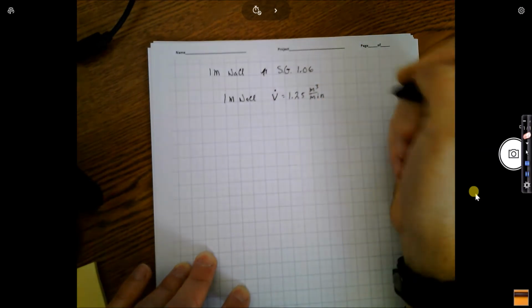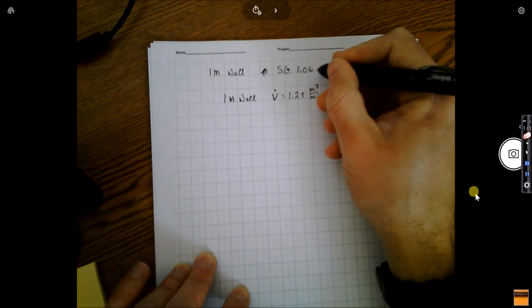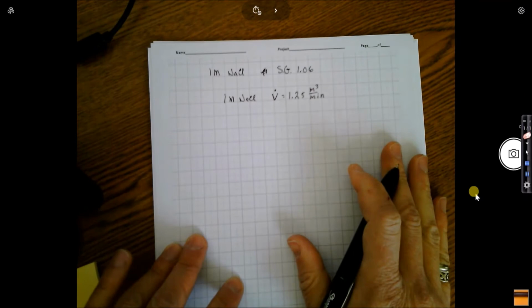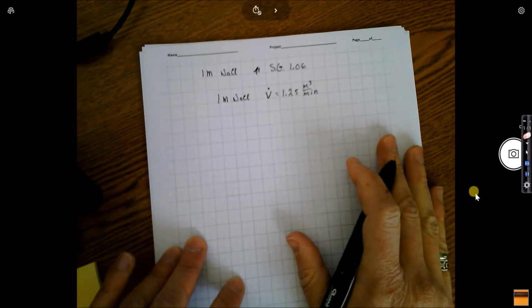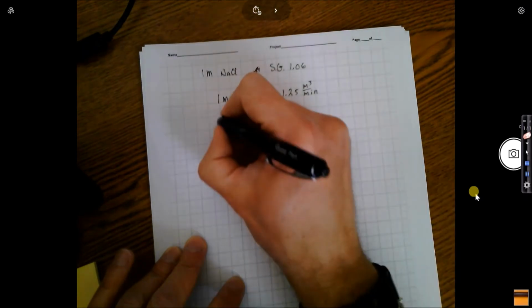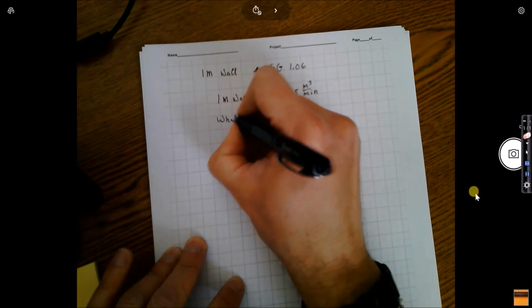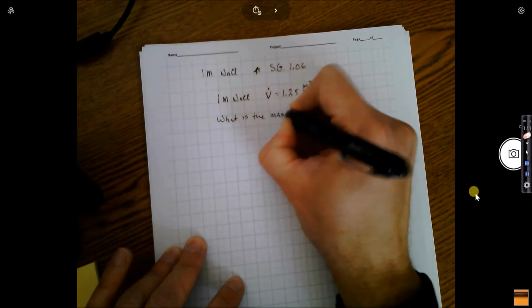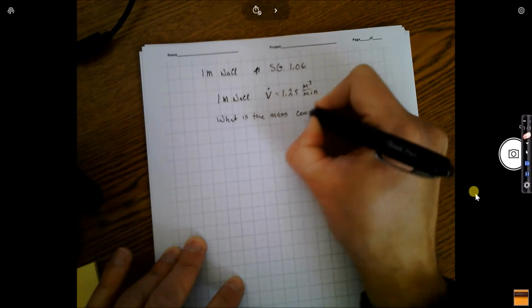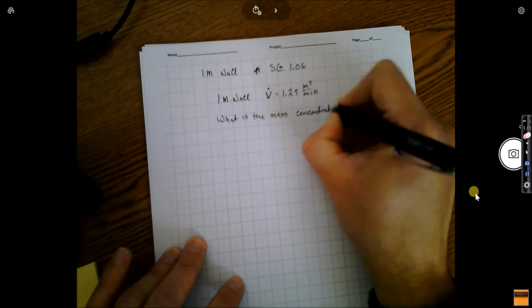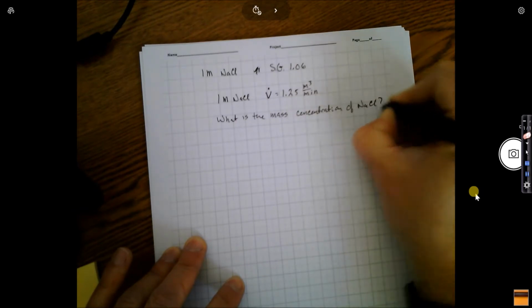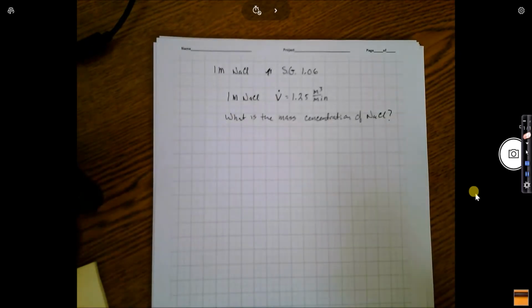We know the specific gravity is 1.06, and we want to know what the mass concentration of sodium chloride is.